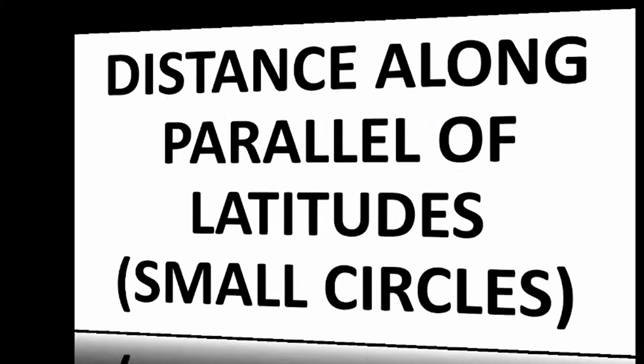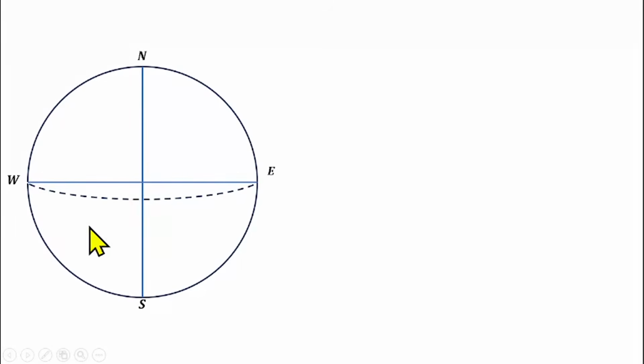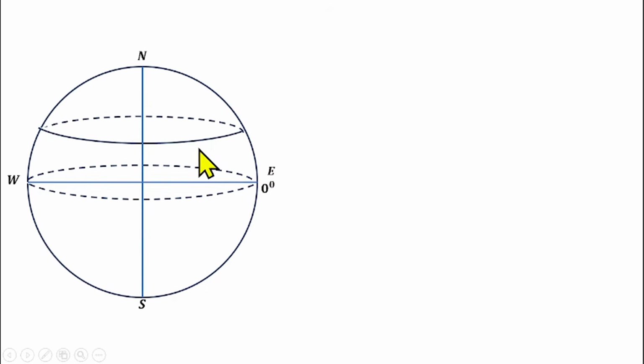So imagine I have this diagram, and I have the equator, and I have a small circle here, which is not the equator.